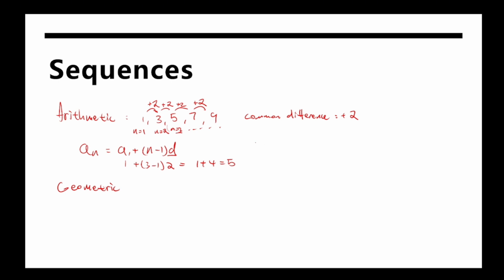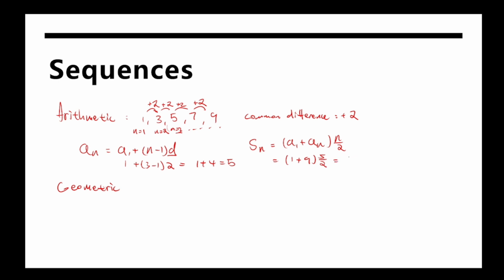And what if we want the sum of the first n terms? The sum of the first n terms of an arithmetic sequence is the first term plus the last term, times term count, over 2. So if we want the sum of the first 5 terms, we'll have (1 plus 9) times 5 over 2.